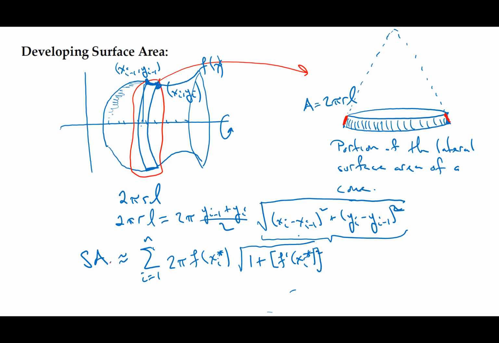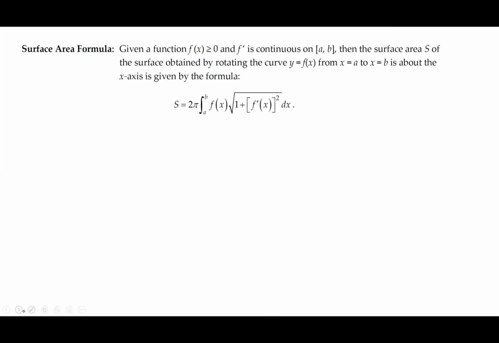Sorry guys, I'm having trouble writing. And so this is our approximation. Well, gosh, look what happens if we consider this as a limit, as we increase the number of terms we're adding. It becomes this nice formula right here. Okay, well, what do you know? And that's a very clean formula, okay?